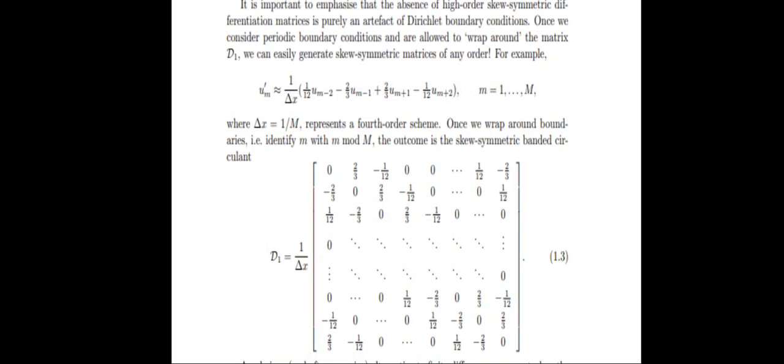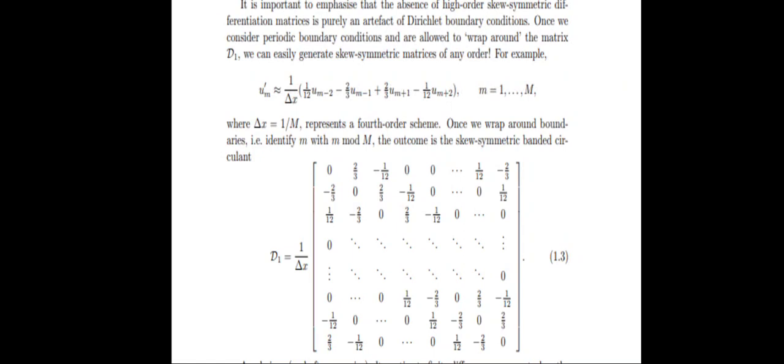It is important to emphasize that the absence of high order skew-symmetric differentiation matrices is purely an artifact of Dirichlet boundary conditions. Once we consider periodic boundary conditions and are allowed to wrap around the matrix D1, we can easily generate skew-symmetric matrices of any order.